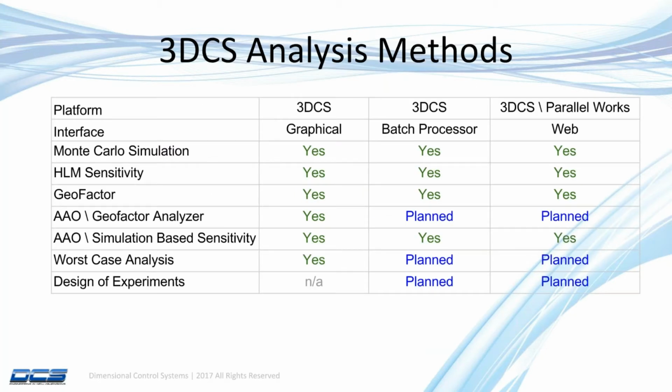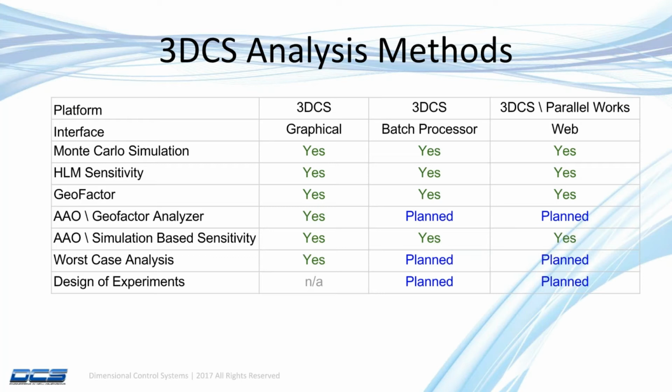So I guess we can just go over what's currently working and what we're planning on implementing. Essentially we've got the 3DCS graphical interface. We've also got the batch processor, also called SimiMacro.